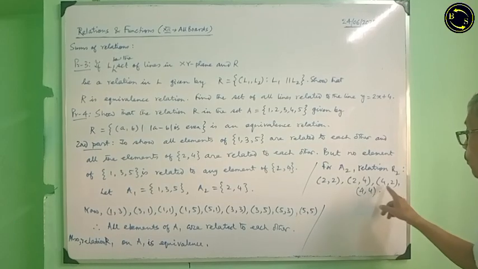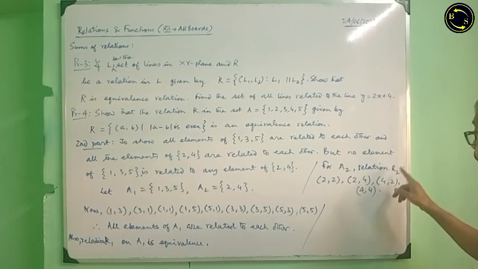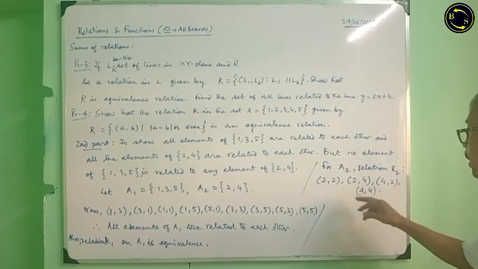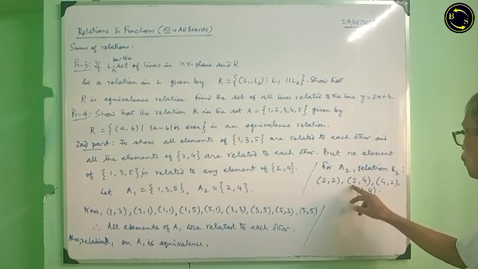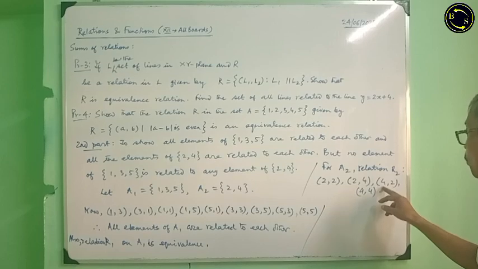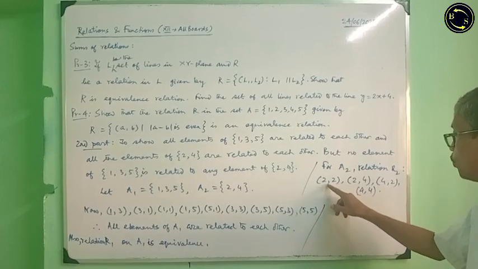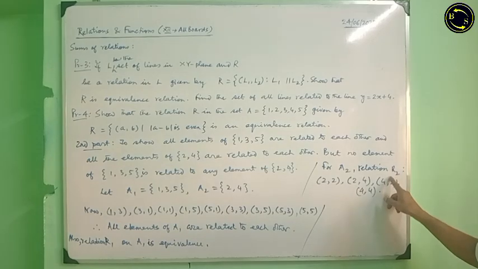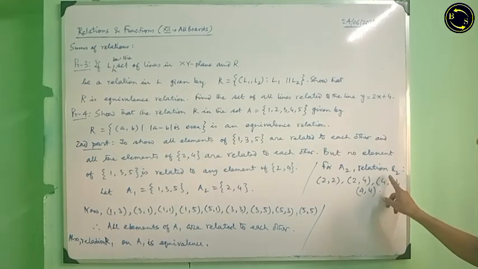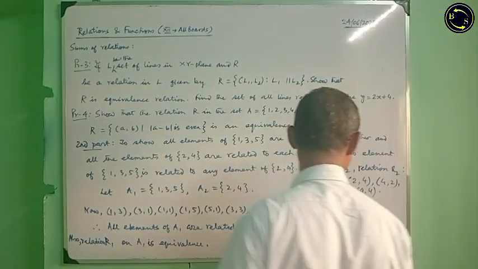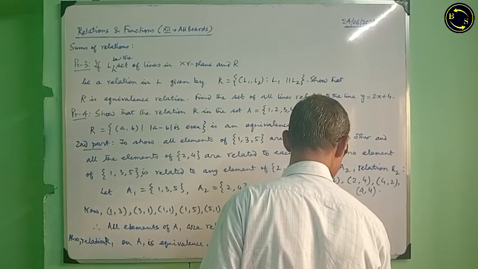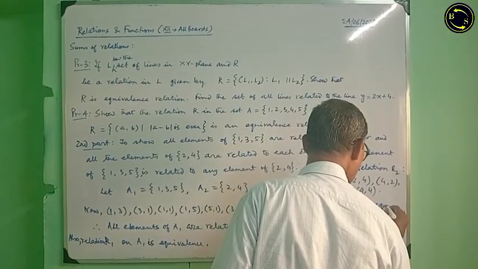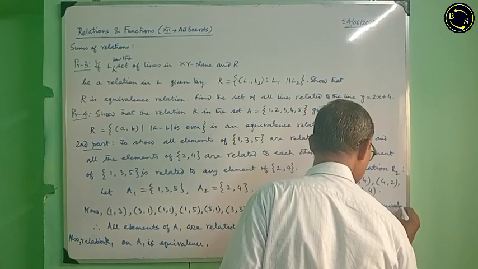Then 2 4, 4 2 present in R2. Therefore, R2 is symmetric relation. Then 2 4, 4 2, 2 2 is there. We can say that R2 is transitive. Therefore, R2 is an equivalence relation.